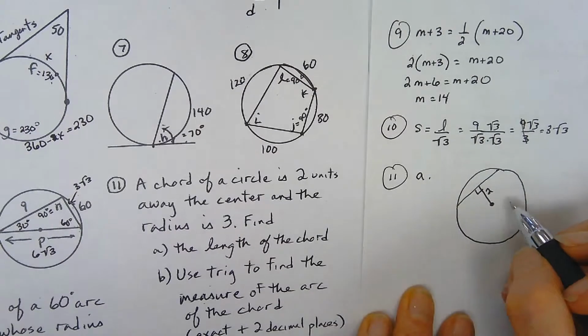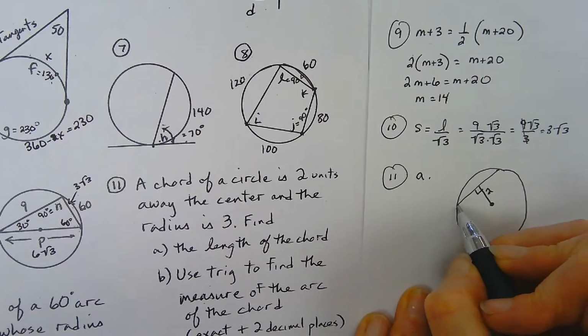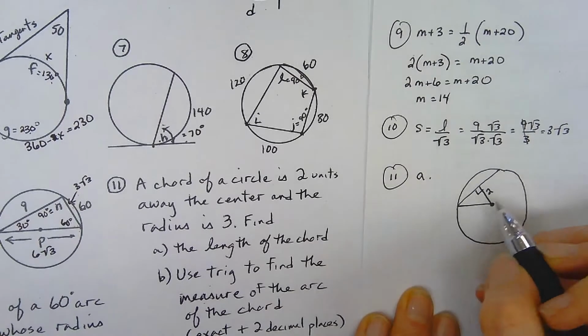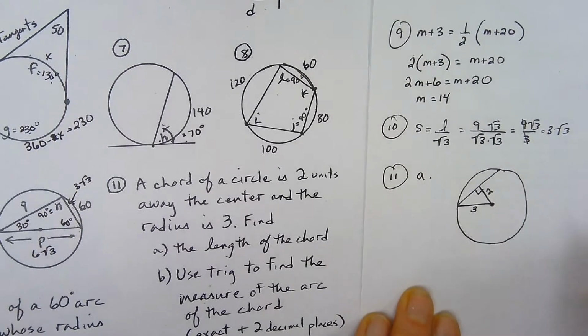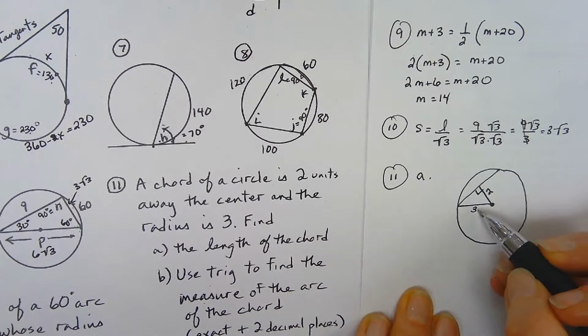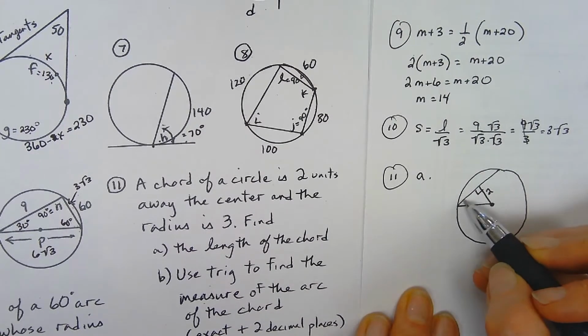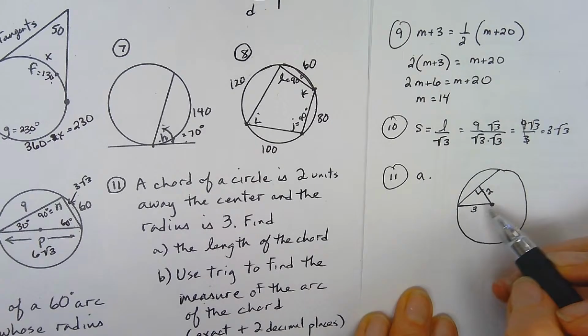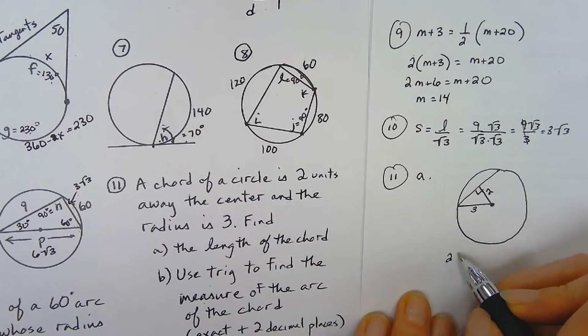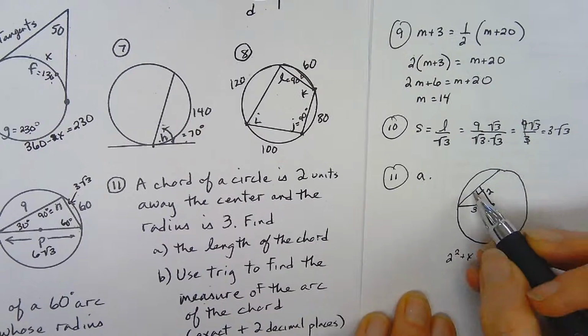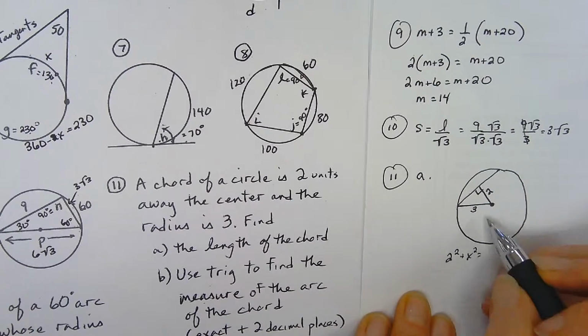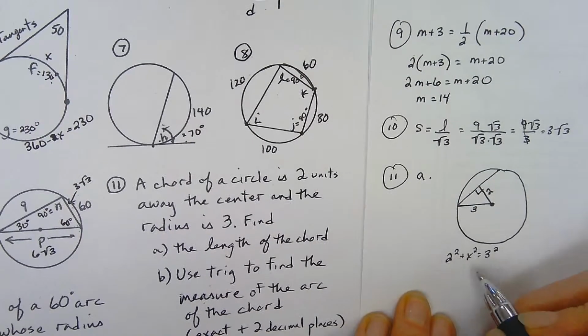I'm going to draw a radius. I'm going to connect the radius from one end of the chord to the center, so that is 3. Well, we have a right triangle here. We can use the Pythagorean theorem to find the length of that piece of the chord. 2 squared plus, say, x squared equals 3 squared.